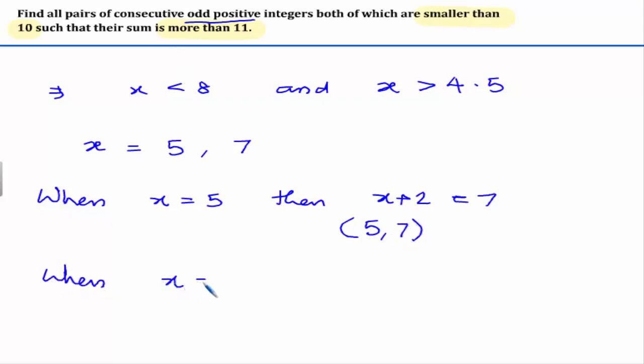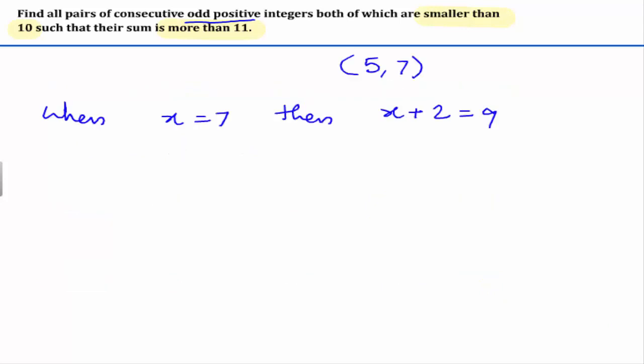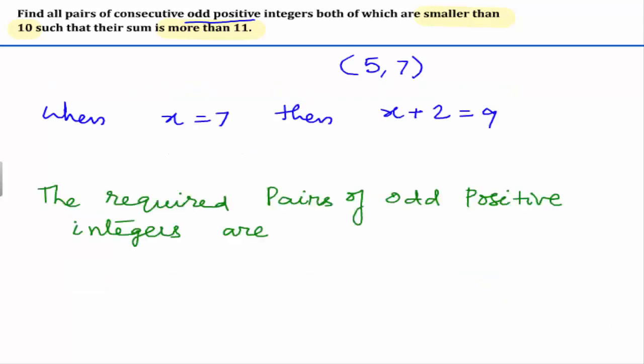Now when x is equal to 7, then x plus 2 will be 9. Now the required pairs of odd positive integers are, one pair is 5, 7 and the other pair is 7, 9. Let us write that now. 5, 7 and 7, 9.